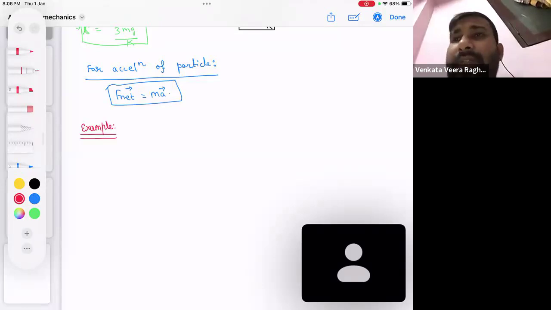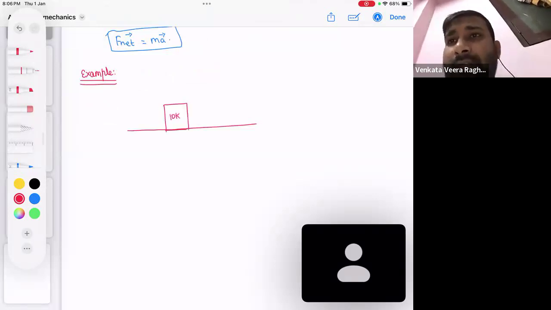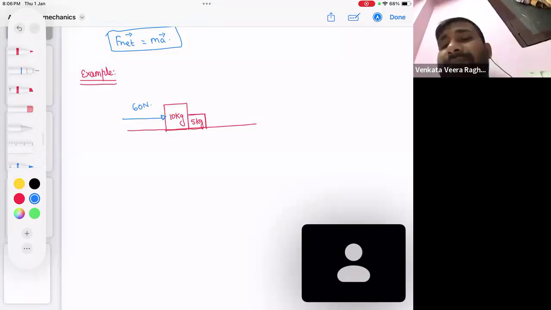See, in this example, what is given to us? There is one block of mass 10 kg, and behind it there is another block of 5 kg, and we are applying a force of 60 newton on this block.